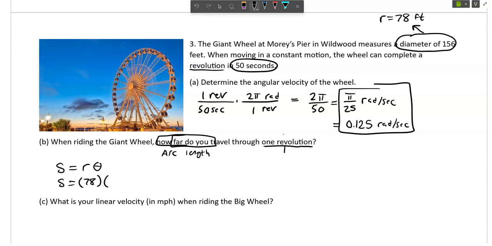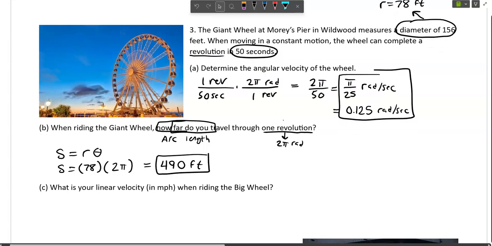Since we want to just do 1 revolution, that is equivalent to 2 pi radians, so we're going to use 2 pi as my theta. And so in this case, our S value, or our arc length, when I type it in and get an answer, it actually rounds out pretty nice. It comes out to about 490 feet. So when you take the ride in Wildwood on the Ferris wheel, you move a total of 490 feet when you do 1 revolution.